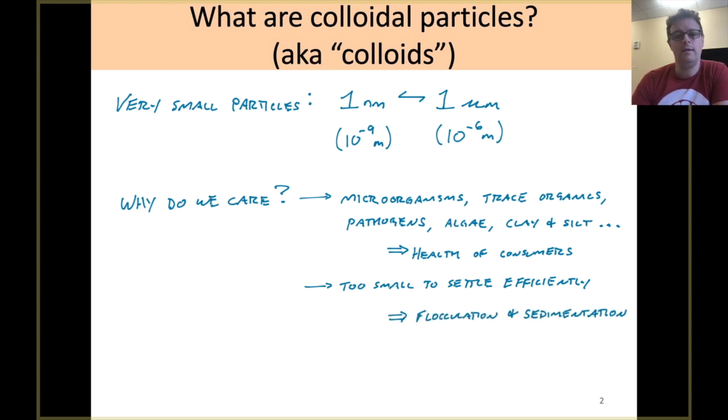So instead, we go through a couple of steps, one of which is called flocculation, which is basically getting the colloids to stick to one another to form larger particles, and then sedimentation, where we let them settle out efficiently now that we've made them larger than they were at the intake.